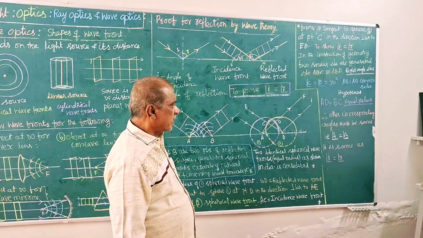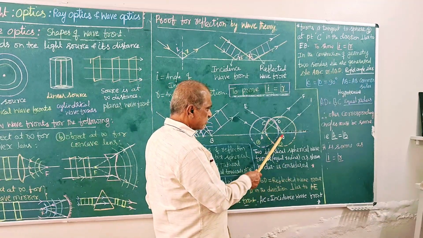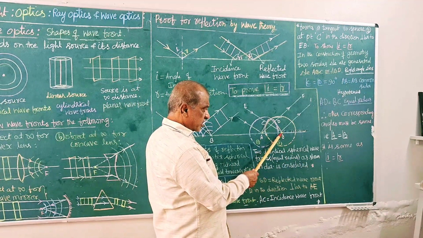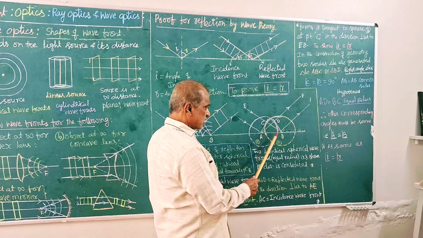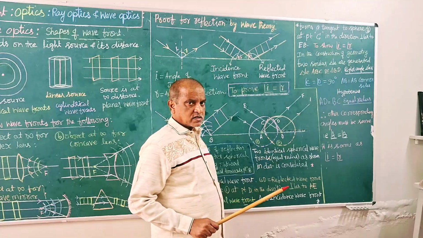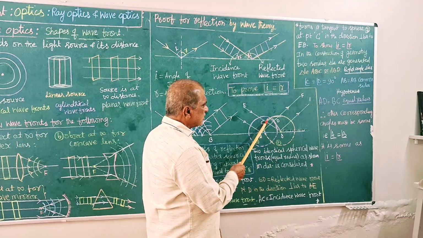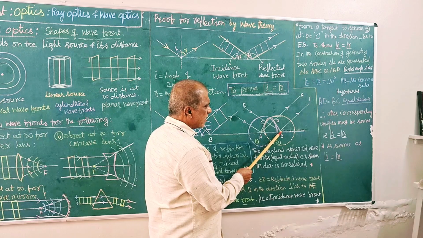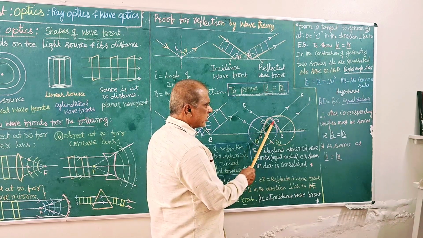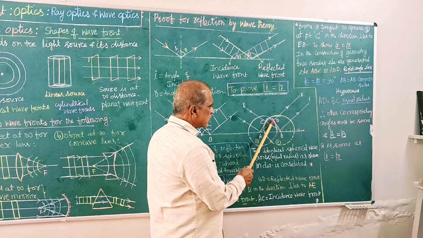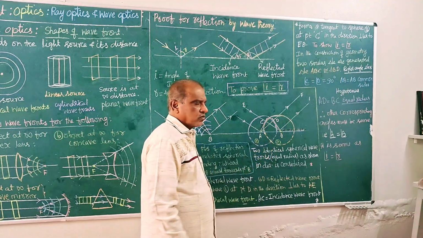These two are similar triangles because all sides are equal. The reason is they share common sides. AB is common, so this is common for both the triangles. One side is the same. And this distance is the equal radius, as said. The distance traveled from here to here and from here to here in the given time are the same. So these two sides are the same.